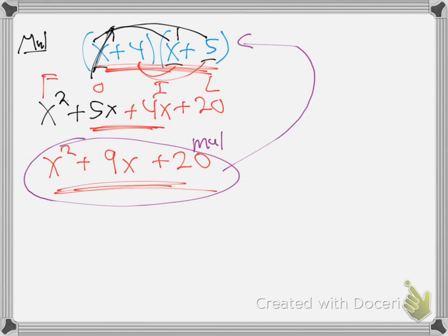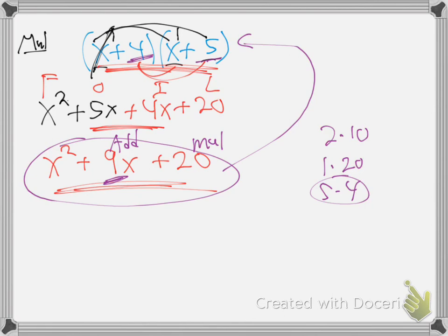What 2 numbers multiply to be 20? A lot of numbers do: 2 and 10, 1 and 20, 5 and 4. But not only multiply to be 20, they add to be 9, and that's only 5 and 4. The other ones don't add to be 9. That's how you know it's 4 and 5, whatever order you want.